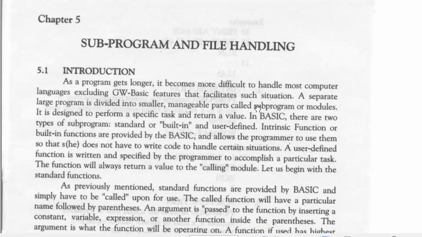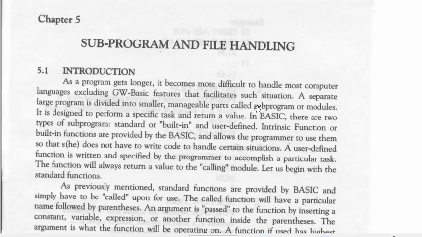We're going to discuss the built-in function first. In built-in functions, the functions that are already defined by GW BASIC, we just call them according to our need, and they are called built-in or intrinsic or standard functions. The called function will have a particular name followed by parentheses.